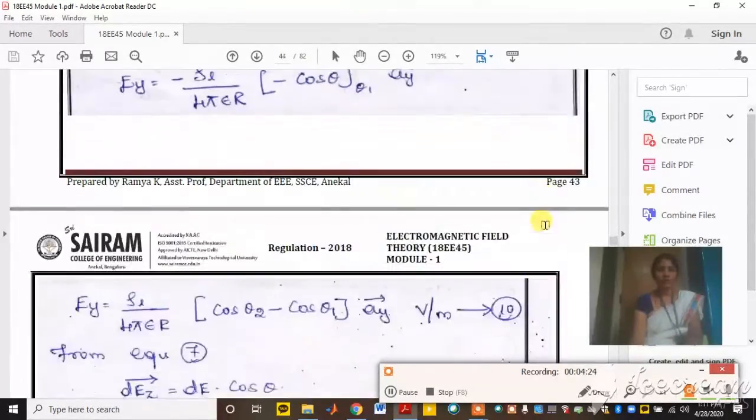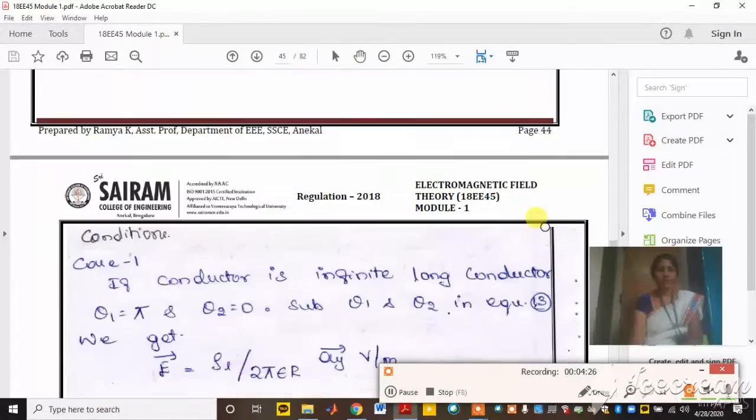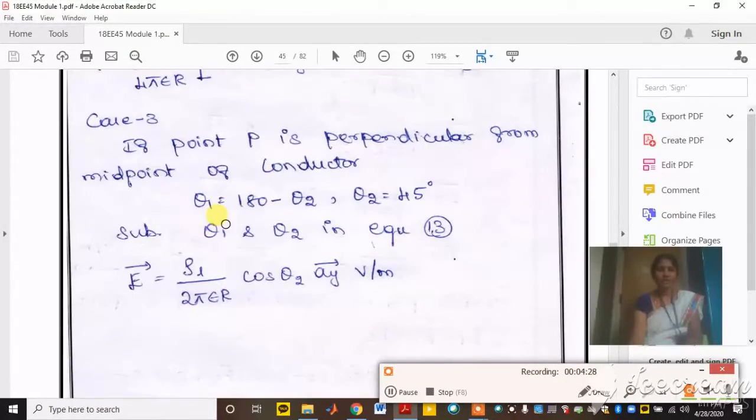Substitute the values to identify. So in this condition, theta 1 is equal to 180 minus theta 2, theta 2 is equal to 45. Substitute theta 1 and theta 2 in the original equation. You can get E is equal to rho L divided by 2 pi epsilon r into cos theta 2 and Ay. Why Ay? In the sense the point P is placed on your y-axis.